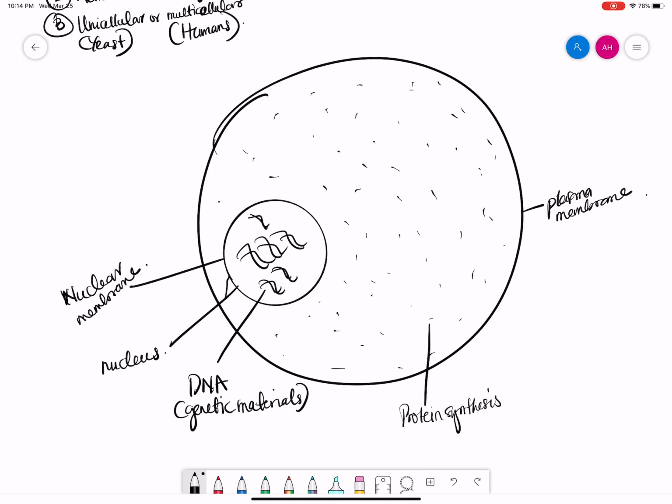So we have what we call the endomembrane system. There is a system of communication within the cell called the endomembrane system, and it starts here with the nuclear membrane. And the nuclear membrane is continuous with a structure called the endoplasmic reticulum.